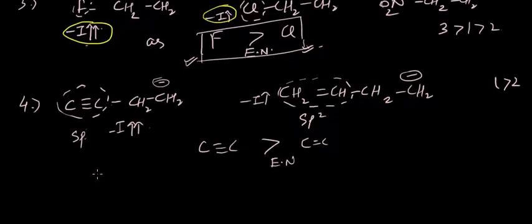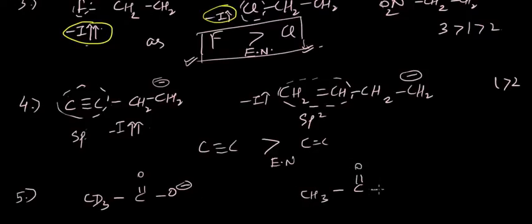Okay, let's look at the fifth example, where we have something like this, O negative. So which is more stable, this one or this one?